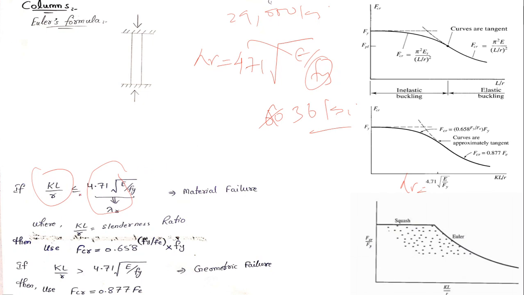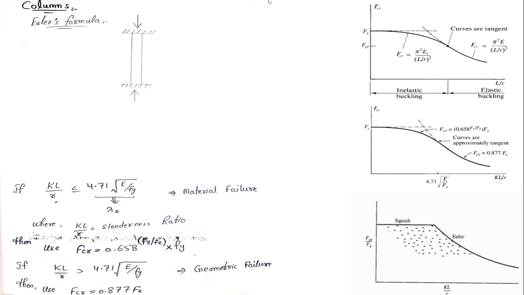Again, if your KL by r, that is the slenderness ratio modified according to support, where K is the support factor, is less than lambda r, which is 4.71 square root of E by Fy and depends upon your steel, then inelastic buckling would occur, and the failure would be governed by the squash equation, and this equation would be used.